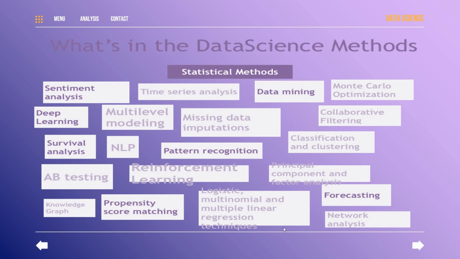A knowledge graph is, if you are working at a company, the products released, what the batches are, what types, and how much has been sold. We will discuss this knowledge graph again in the applications of data science, and I will show it to you more accurately. Forecasting and network analysis, logistic and multilinear regression techniques, score matching. These are all the data science methods.